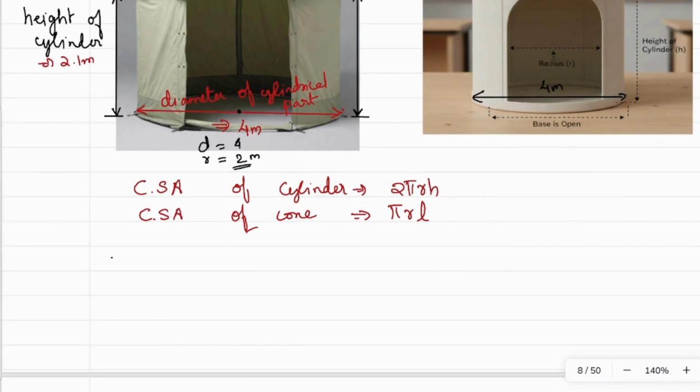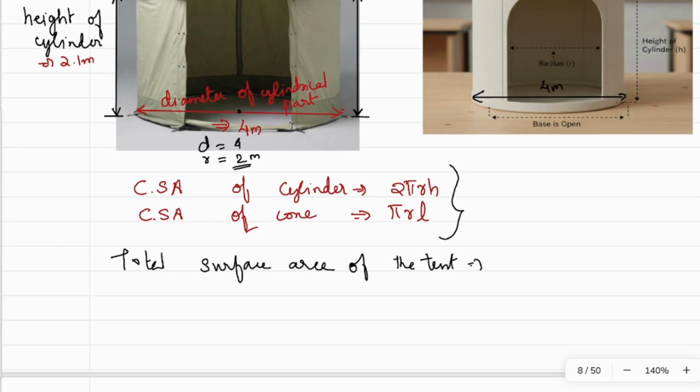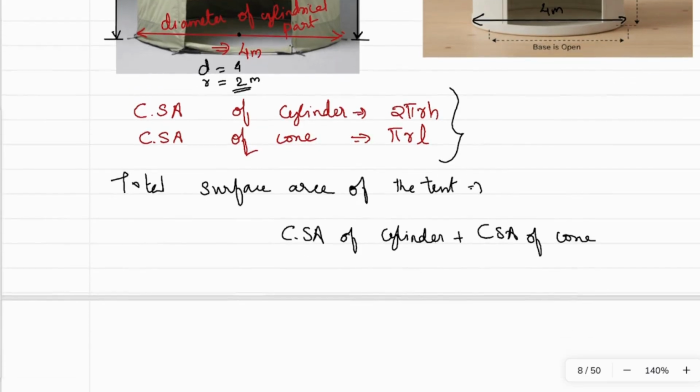That means the total surface area of the tent is equal to the sum of these two values. We first take the CSA of the cylinder and to that we add the CSA of the cone. Then we will get the total area of this tent, right?